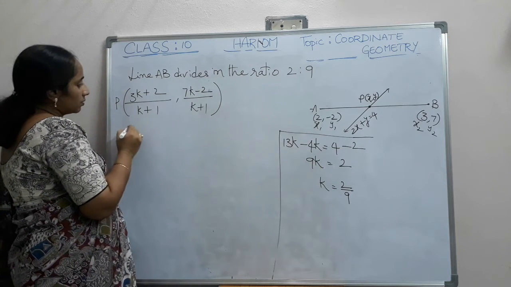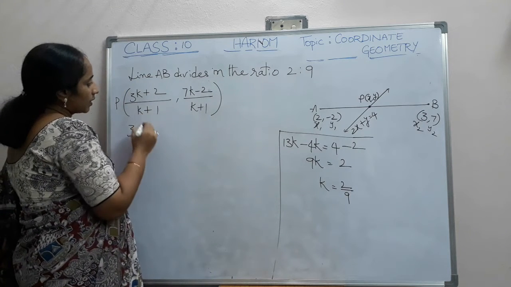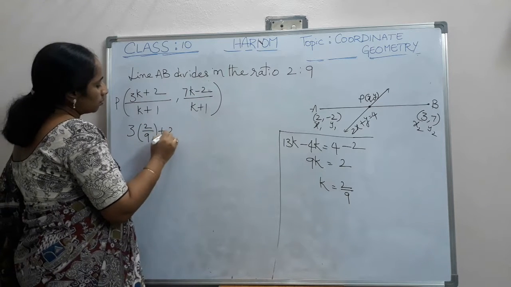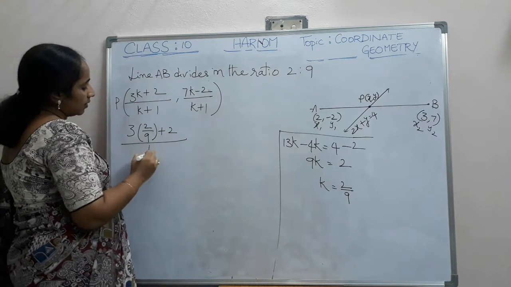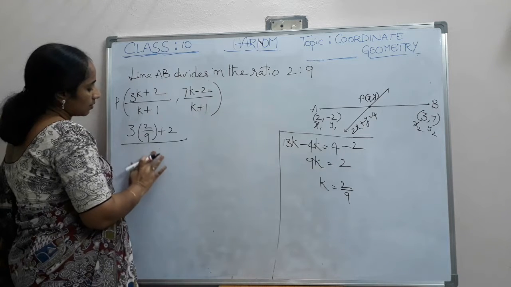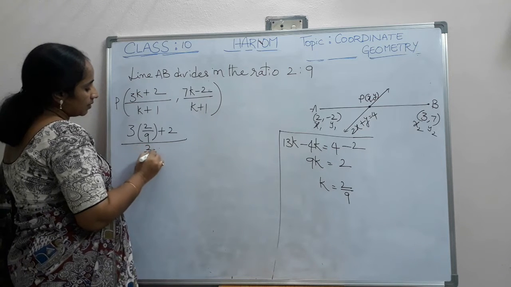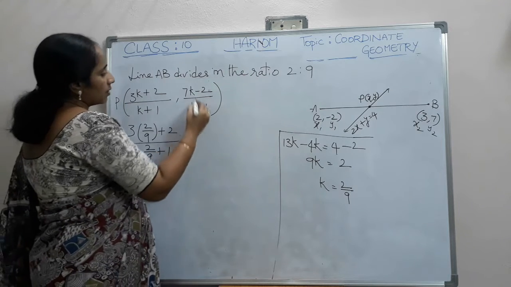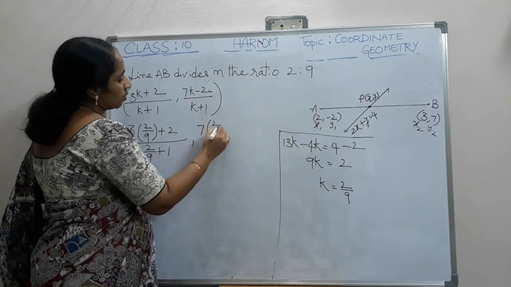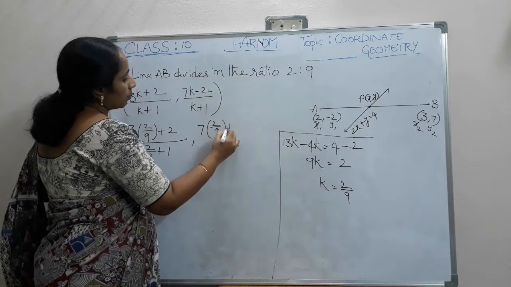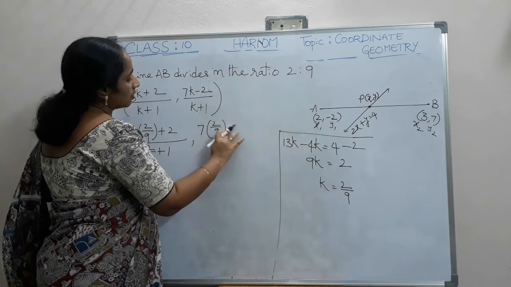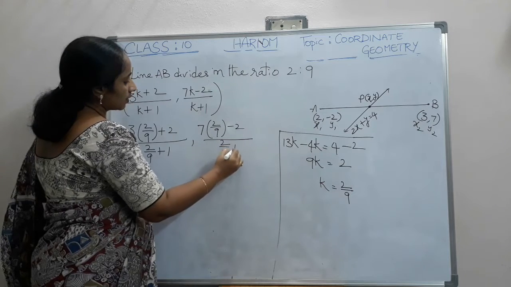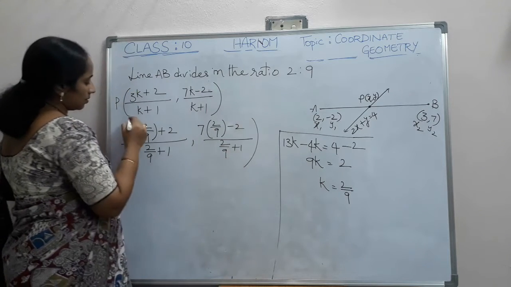Now, 3 into k, 2 by 9, plus 2, by k plus 1, that is 2 by 9 plus 1; and 7 into 2 by 9 minus 2 by 2 by 9 plus 1.